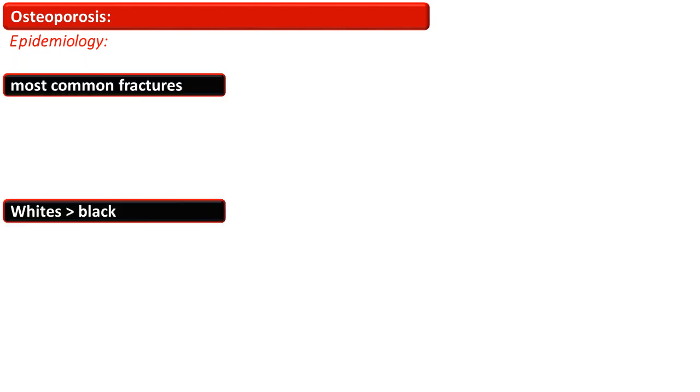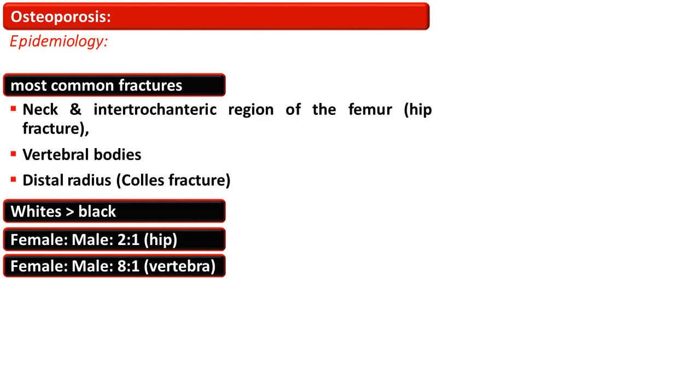Coming to the epidemiology of osteoporosis, postmenopausal and senile osteoporosis are the commonest, and these are generalized varieties. The most common fractures encountered in osteoporosis are fractures of the hip, and the common area is the neck and intertrochanteric region of the femur, then vertebral bodies and distal radius, and the distal radius fracture is also termed Colles' fracture.